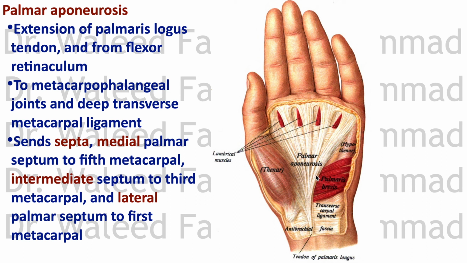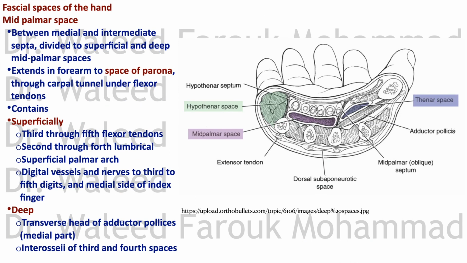We have the mid-palmar space, which is superficial and deep mid-palmar spaces. We have the hypothenar space, medial to it, and we will get to that soon. Okay, these are the spaces I'm talking about. Because of the septa from the palmar aponeurosis, this is the thenar space on the lateral side.